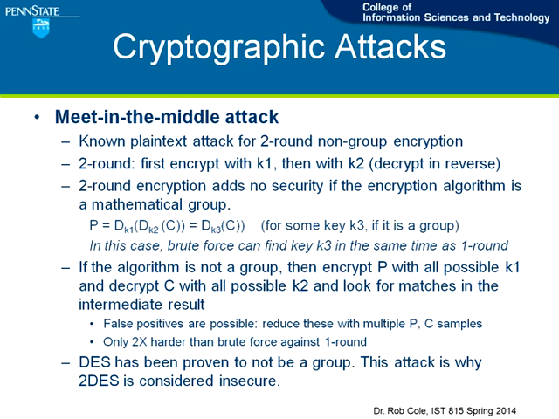False positives in the form of multiple matches are possible. These can be reduced if we have further plaintext-ciphertext pairs against which we can test a candidate key pair. Note that the overall difficulty of this attack is only twice that of brute force search. Consequently, two-round encryption, such as that of DES, is considered insecure.